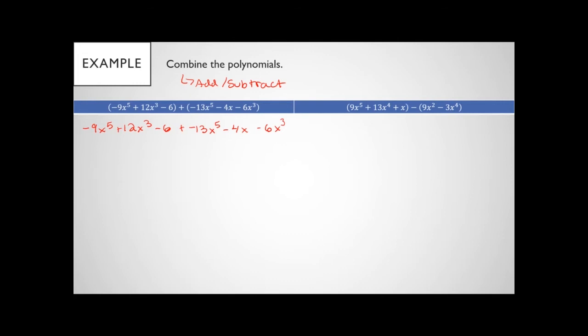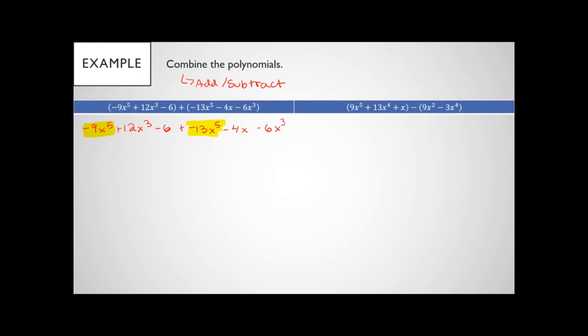I like to work with some highlighting when you're first learning these things so that you can make sure you have your like terms. Like terms need to have the same variables and the same exponents on those variables. And because we usually put polynomials with the highest exponent first, we will try to combine those first. So I have an x to the fifth, so I'm going to highlight that. I have a negative 9x to the fifth, and then a negative 13x to the fifth.